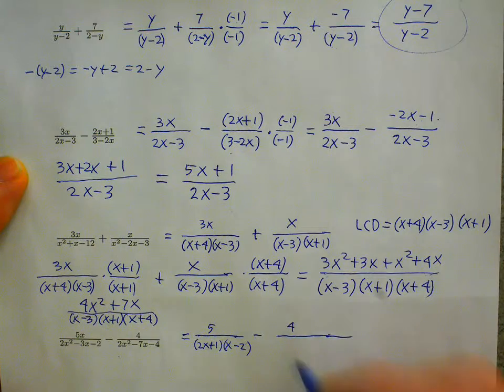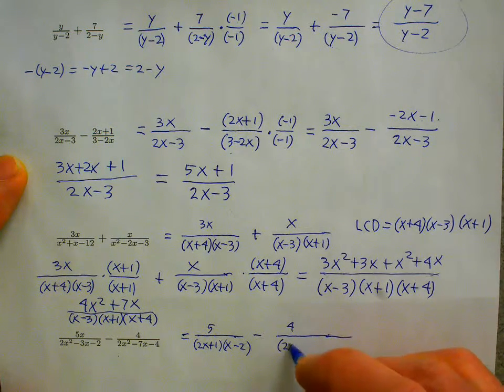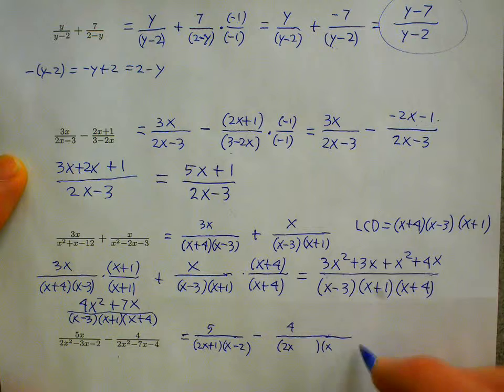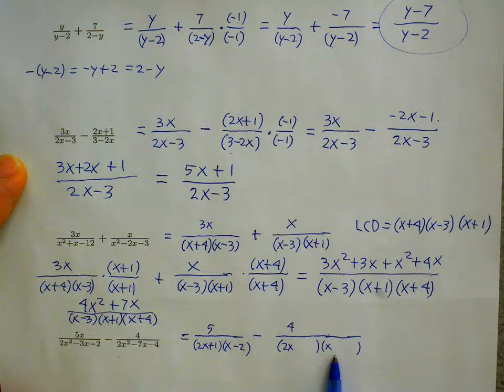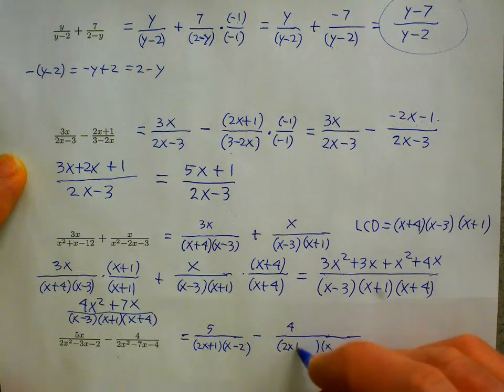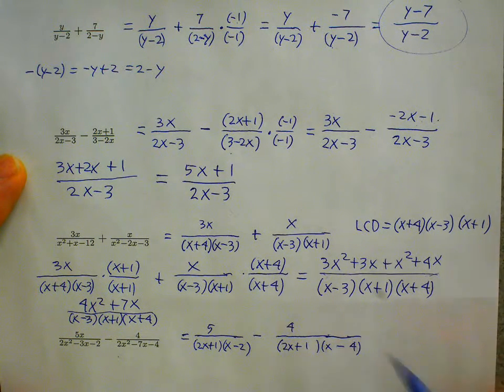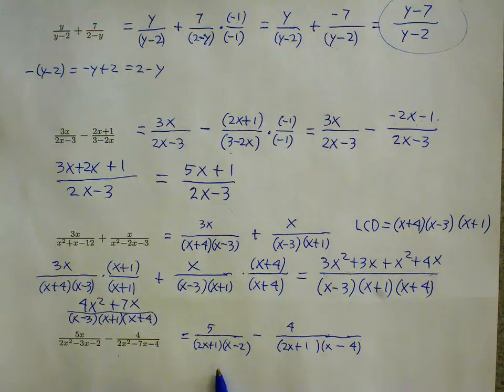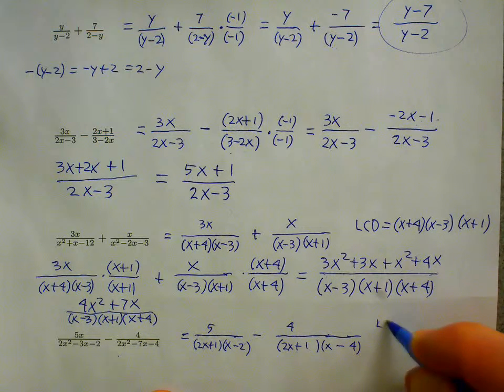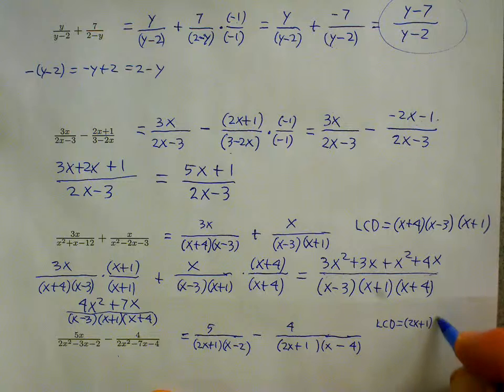For the other denominator, we need 2x plus 1 and x minus 4. Yeah, so the least common denominator is 2x plus 1 times x minus 2 times x minus 4.